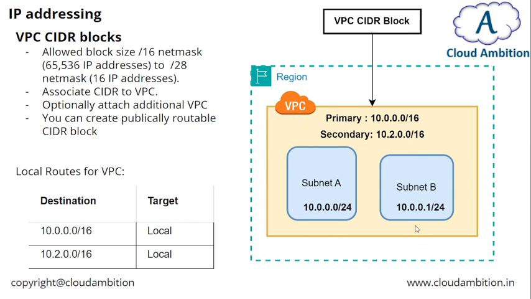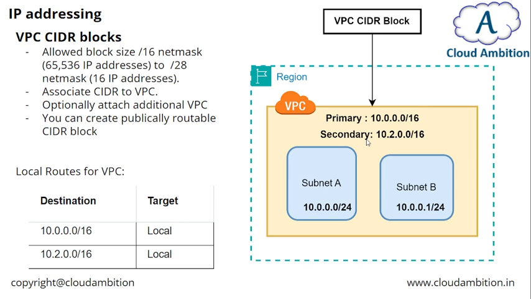We are creating a VPC under a region, so we have to select the region in which you are going to create your VPC. Then we can attach our primary and secondary. Secondary is optional. If you want to use your primary CIDR block, then you can use the primary CIDR block. If you want to use more than 65,000 IPs, then there is an option to use a secondary CIDR block.